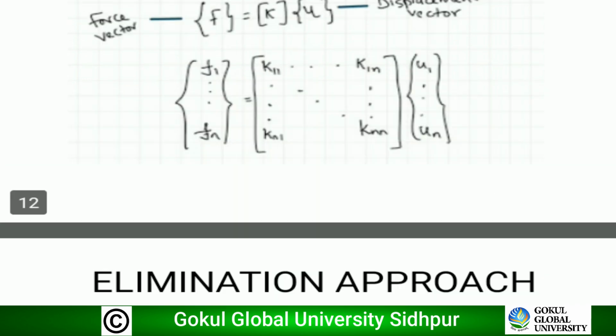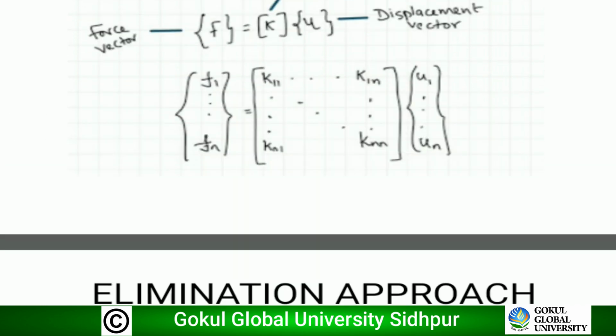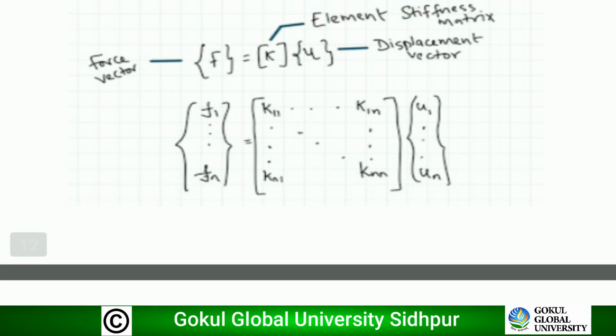Here you can see the 3-step bar element, which is fixed at one end. This type of beam is also known as a cantilever beam, which is fixed at one end and free at the other end.